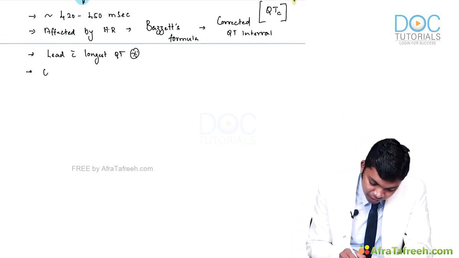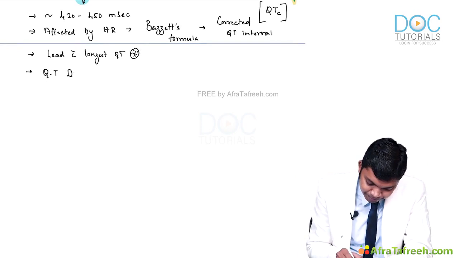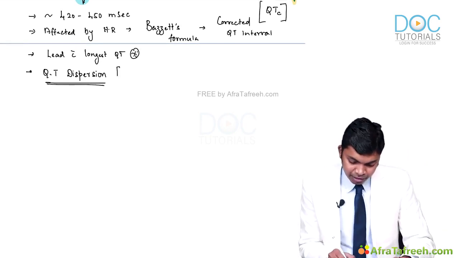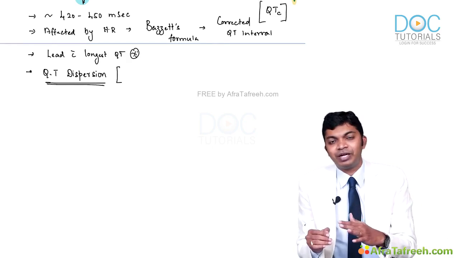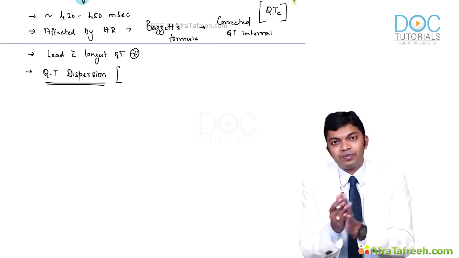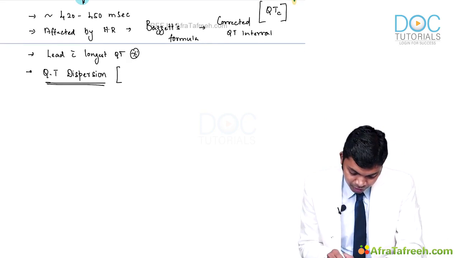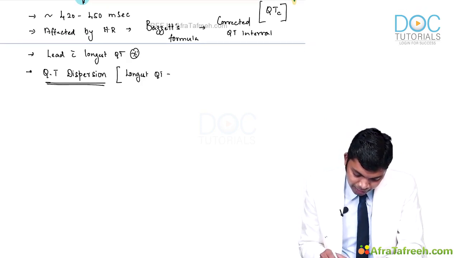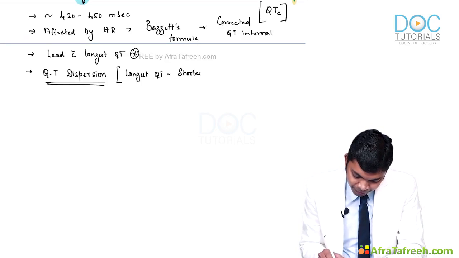Now there is a phenomenon called QT dispersion, which is nothing but the difference in QT interval between the longest lead and the shortest lead. Okay, the lead with the longest QT and the lead with the shortest QT.